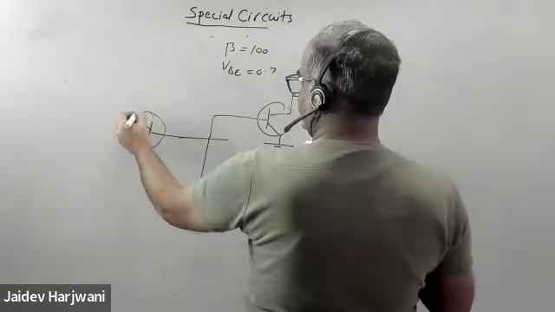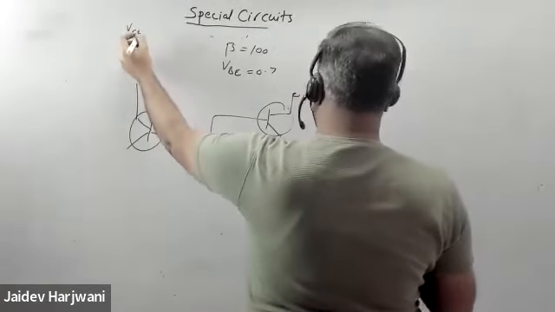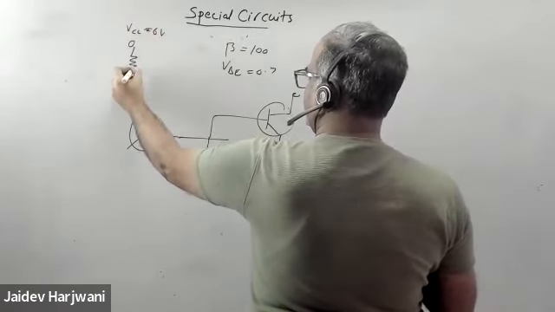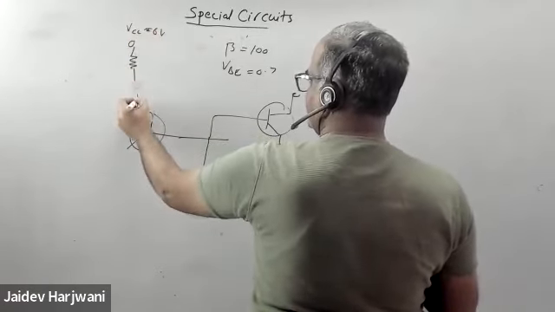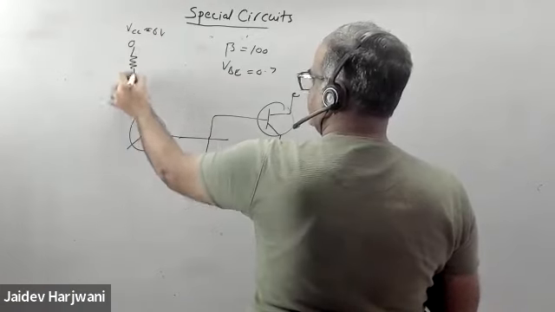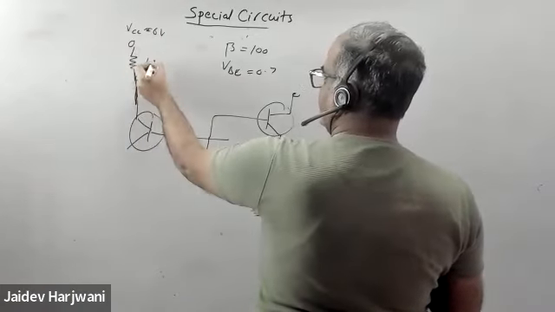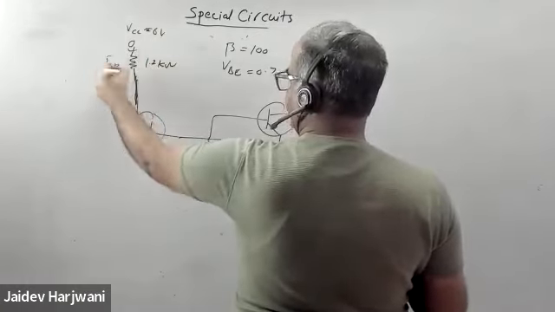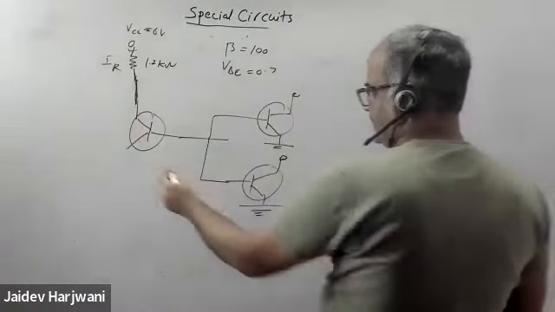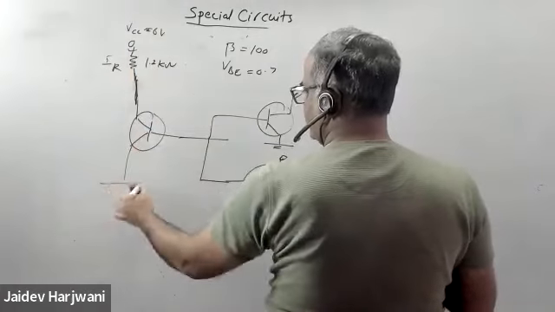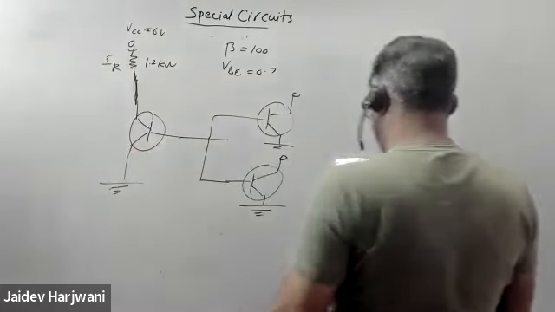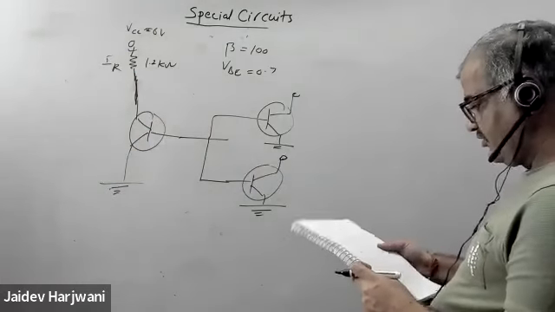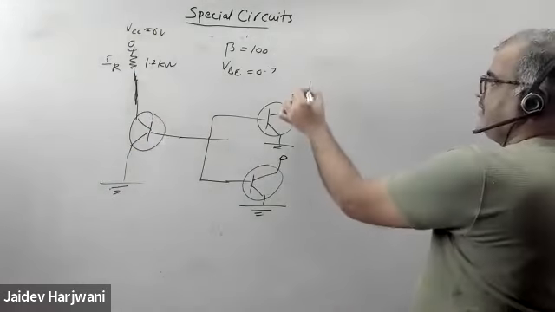Here I am taking VCC as 6 volt, and the connected resistance here is 1.2 kilo ohm. The current flowing is IR, and this is again grounded. Now you need to find the value of this I.